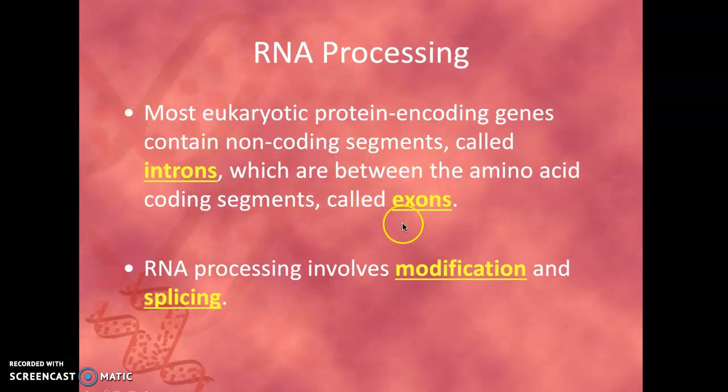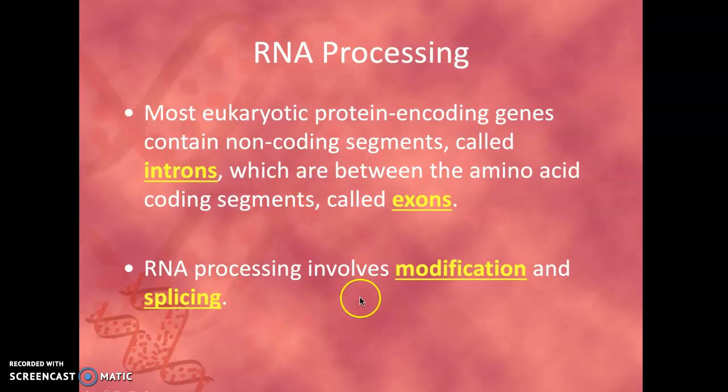We want to be concerned with the exons because the exons will be expressed. Introns, we consider them to be insignificant. That's the way that you can remember it: exons are expressed, introns are insignificant. So we're going to need to remove them.